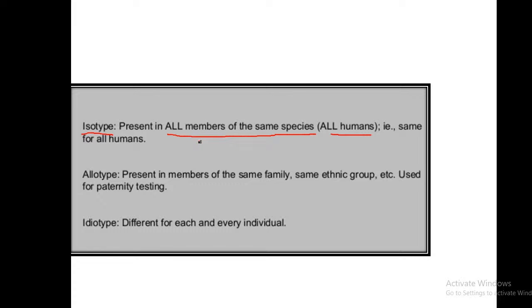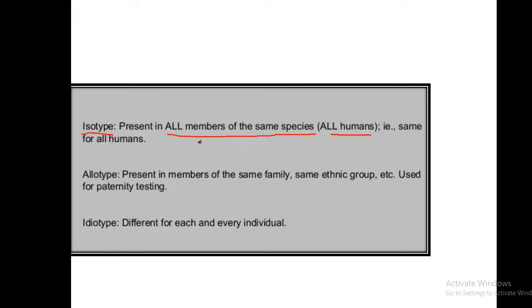The allotype is present in members of the same family, for example the same ethnic group, maybe people living in a particular region. Human beings themselves have different ethnic groups and different races, like the Caucasoid race and the Negroid race. So members of the same family with the same ethnic group will have the same allotype.